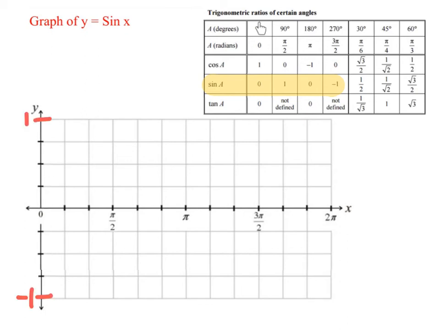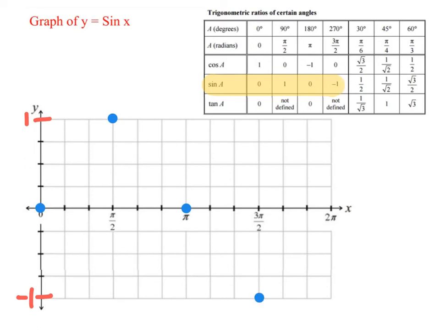So we start at 0 in our radians axis and 0 on our y-axis. Then we go to pi over 2 on our x-axis, 1 on the y-axis. Then pi on the x-axis, 0 on the y-axis. Then 3 pi over 2 on the x-axis, -1 on the y-axis.